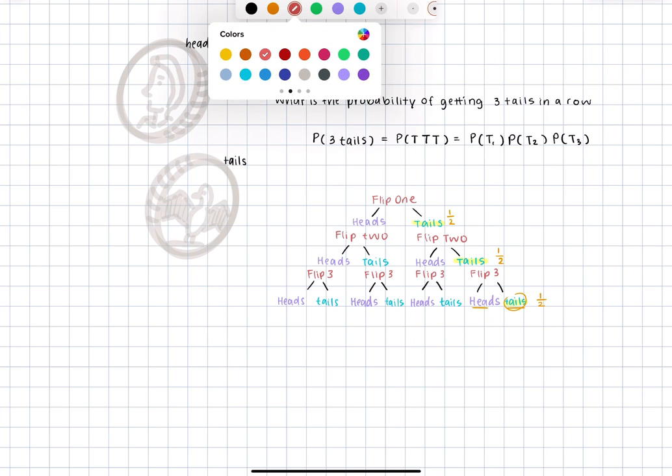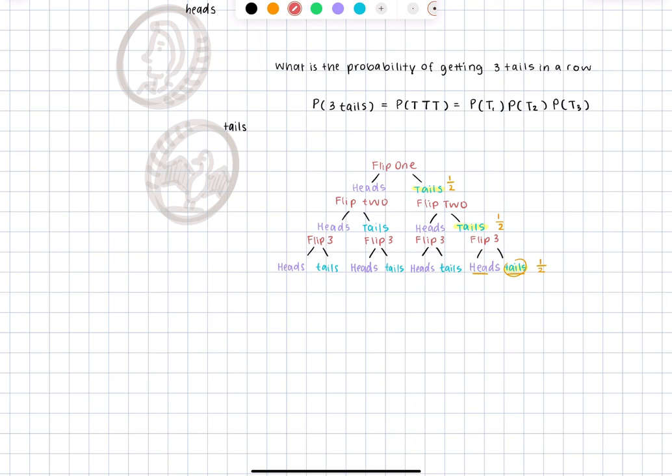So the reason we're multiplying is, remember when we had "and", so event A and event B. And "and" is represented as this. So event A, probability of A and B. We have this upside down U that I like to call it, and this basically stands for "and". We have A and B. We're going to multiply the probability of A with the probability of B. And that's what we're doing here.